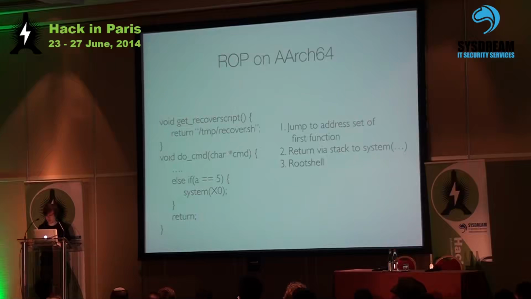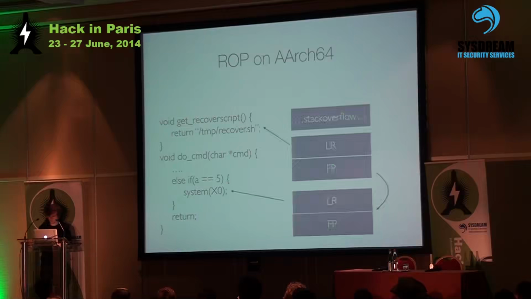So basically, like on most devices, on most modern exploits, we have a stack overflow. Above this, we overwrite the link register. We write our own frame pointer, and after that, we put a second link register and frame pointer onto the stack.